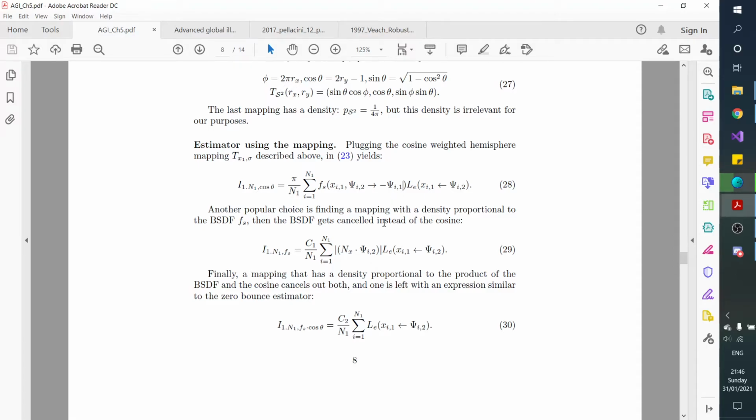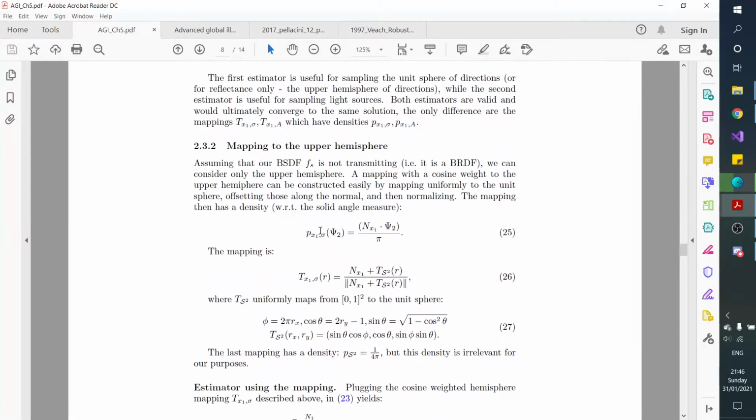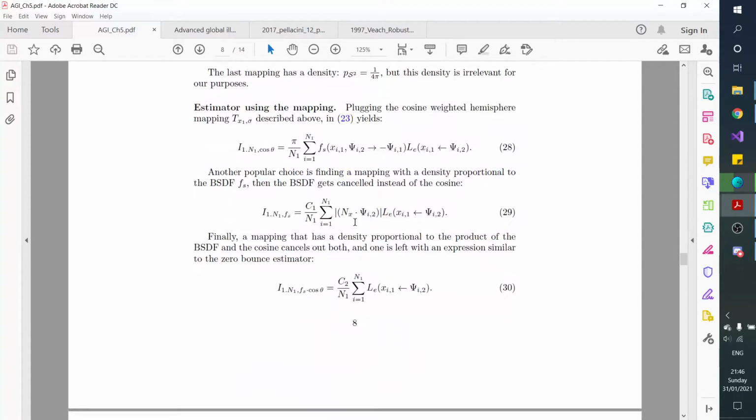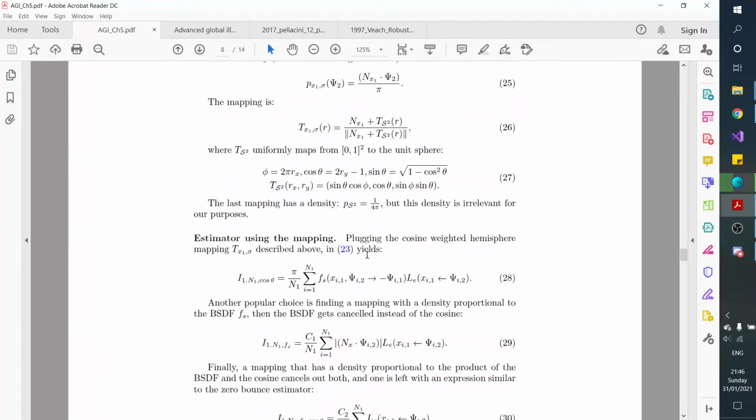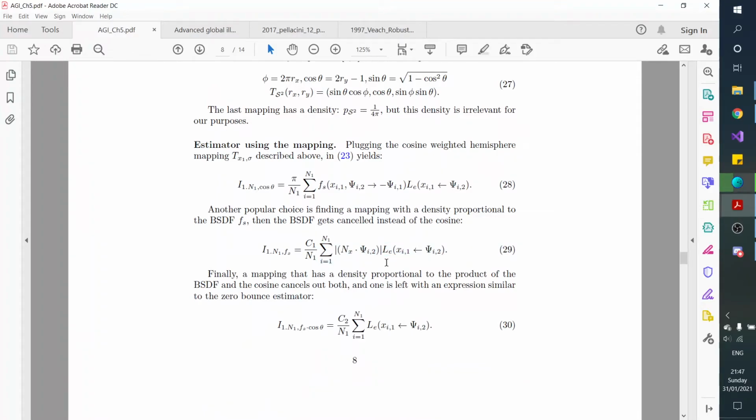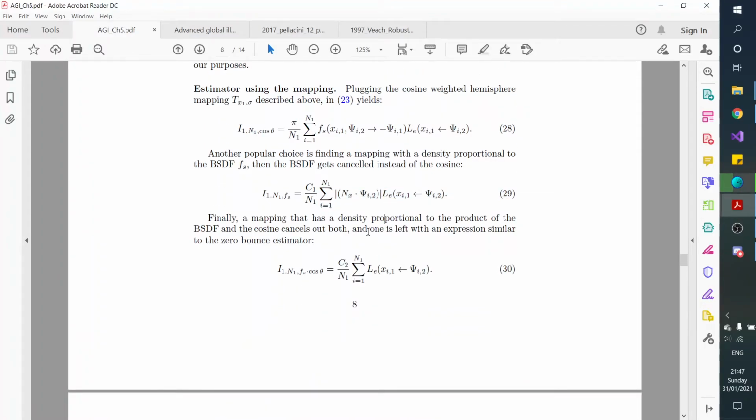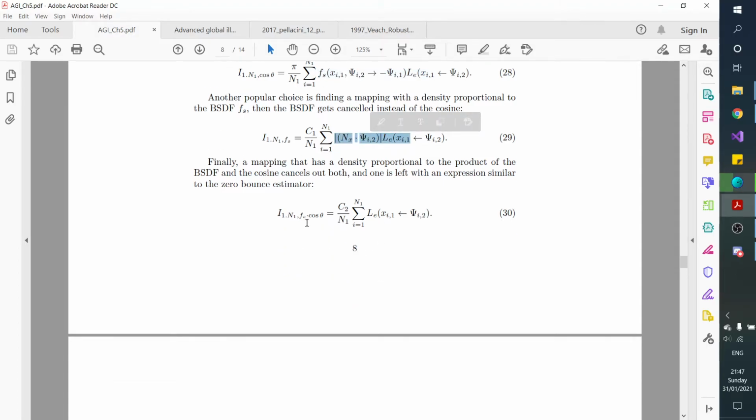Now, if you instead are able to produce a density that is proportional to the BSDF, then the BSDF would get cancelled from the density in the denominator, and you would get something like that. Now, if you can produce a mapping that has a density which is the product of the BSDF and the cosine, then both would cancel, and you would have a very, very simple estimator like that.